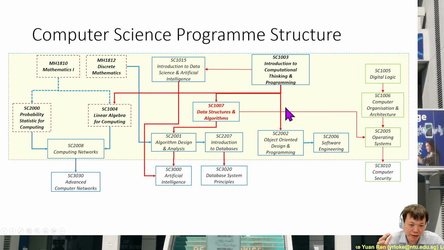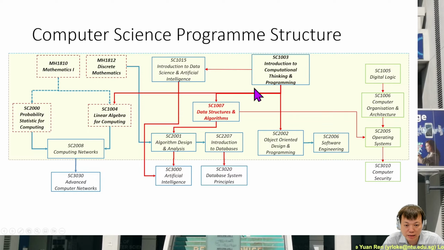But when you write a bigger program of 10,000 lines of code, you can't write it this way. You have to design the software. That's why there is another part, more on software development, in 2002 and 2006, which teaches you OODP and software engineering.